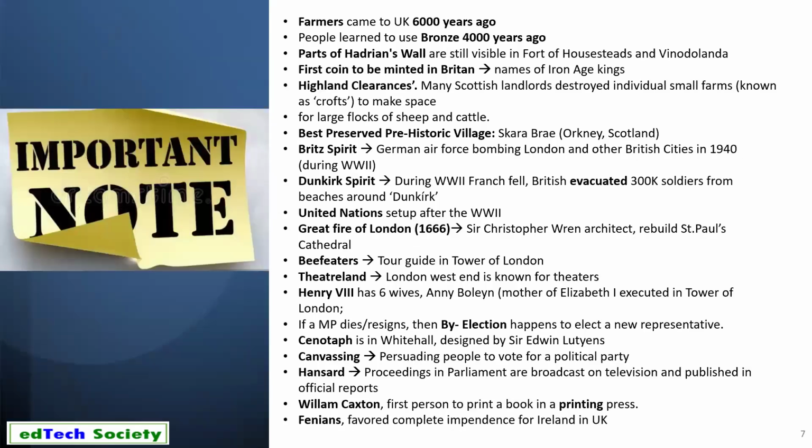Apart from all these things, whatever we discuss is all about UK history, arts, and culture. All these things I covered already, but there are a few extra facts I just want to tell you. These are quick facts often asked in the exam. Farmers first came into the UK 6,000 years ago, and people learned to use bronze 4,000 years ago.